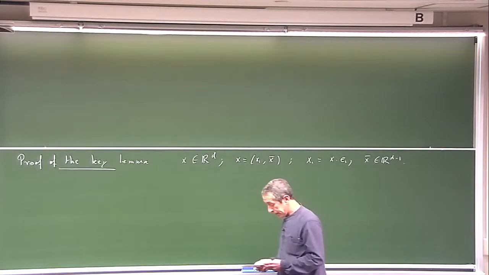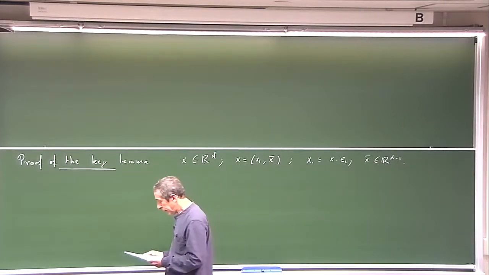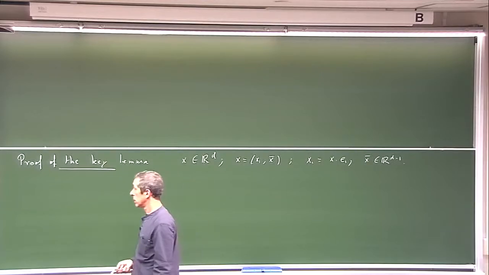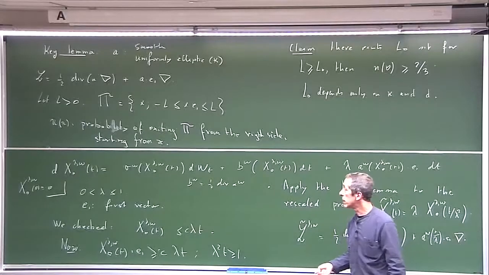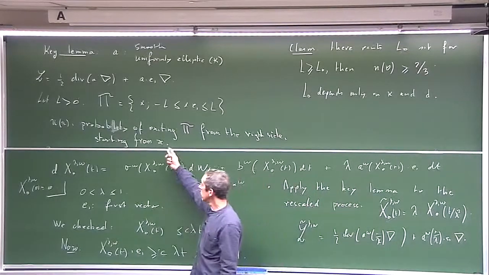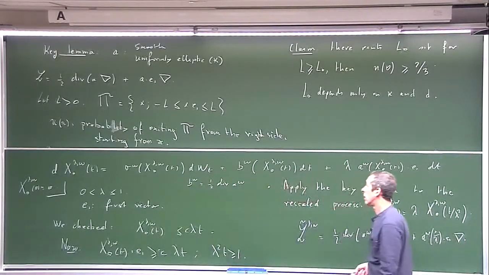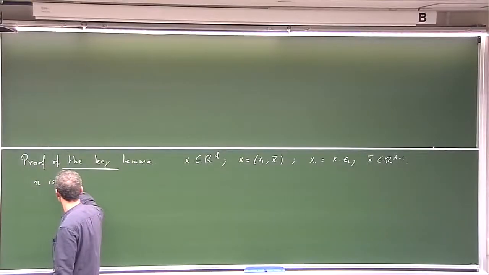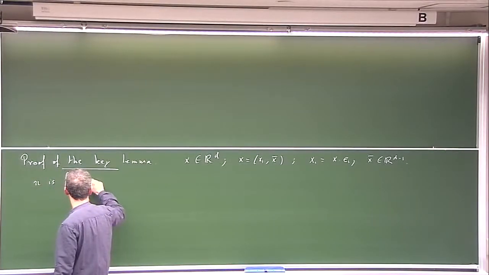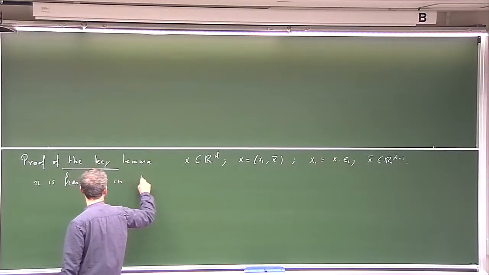Okay, now the proof uses, what does it use? So first it uses energy estimates. So we're going to use the fact that U is a harmonic function in pi. So U is harmonic in this domain pi.